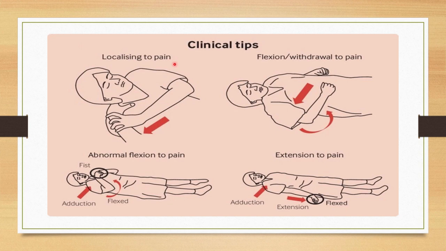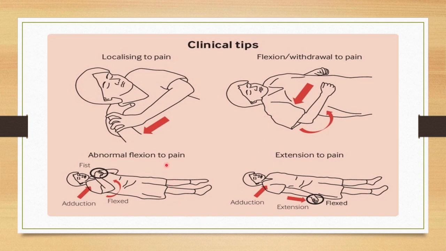And if the patient is localizing to pain, for instance, you are giving a trapezius pressure and the patient is trying to remove your hands, then you can give a score of 5. To a painful stimulus, if the patient is normally flexing his hand, but he may not be able to remove your hands, then you can give a score of 4.